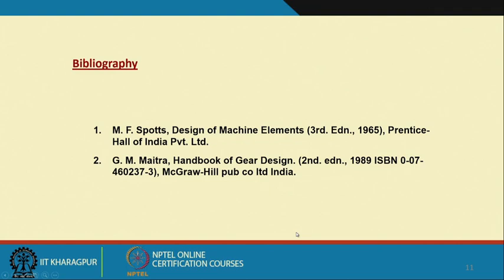So, in this lecture what we have learned is how to design the gears and what should be the factors to be considered for calculating the bending strength, or calculating the module considering the bending strength.